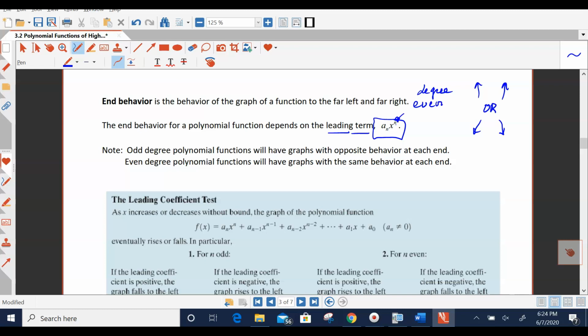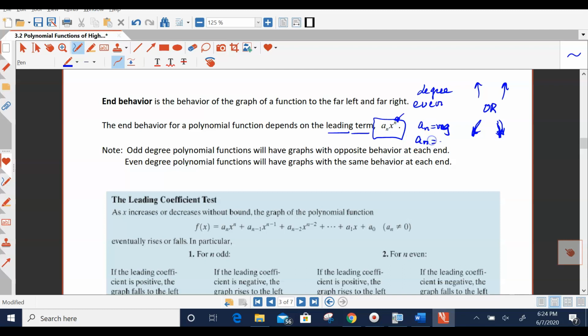Now, what is it that tells you whether a parabola opens up or opens down? The number in front. So if that a sub n is negative, both ends are going to open down because it's a flipped over parabola.